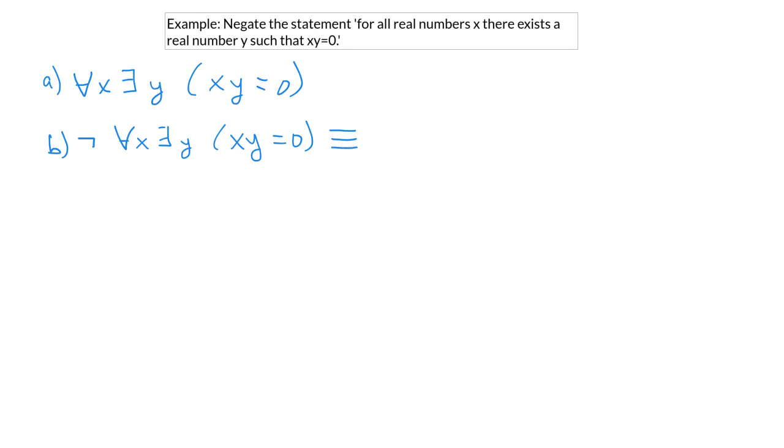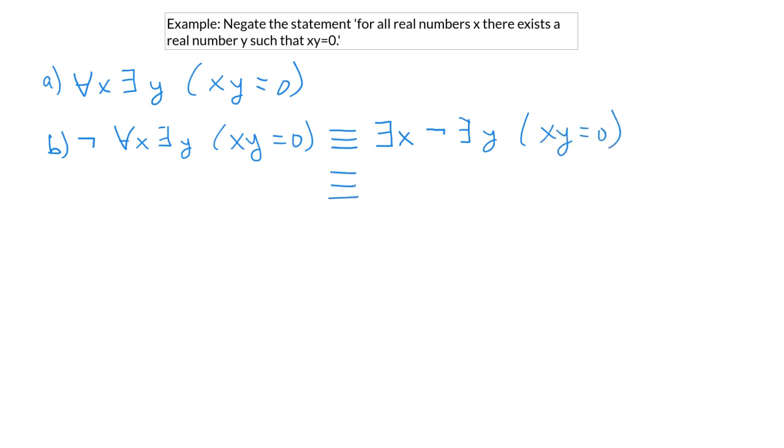If you negate for all, it becomes there exists. So if you negate a universal, it becomes an existential. And then the negation goes along to the next part. So this is, there exists an x such that it is not the case that there exists a y such that x times y equals 0.